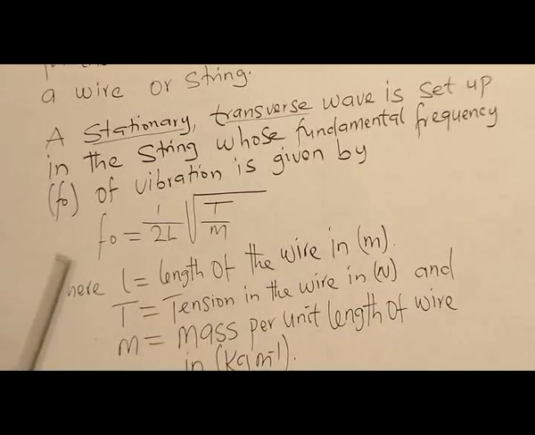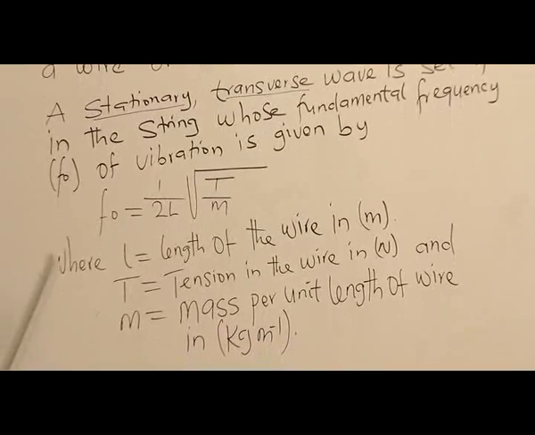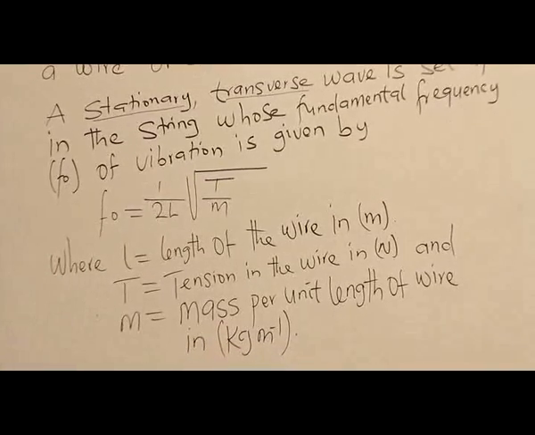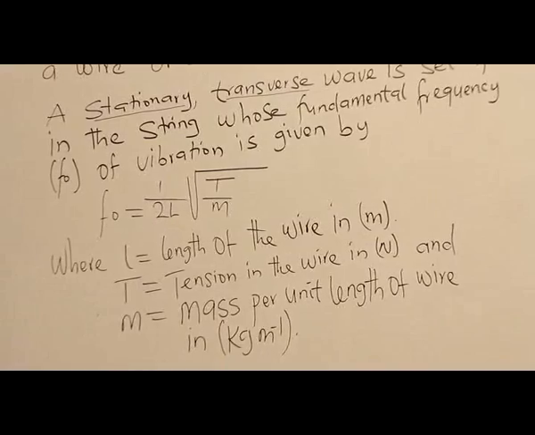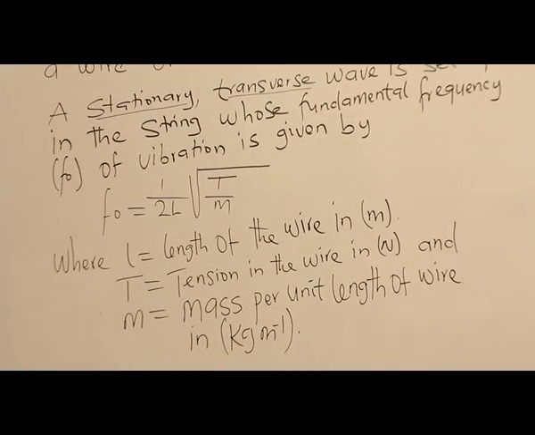F0 is equal to 1 over 2L root T over M, where L is the length of the wire in meters, T is the tension in the wire in newtons, and M is mass per unit length of wire in kilograms per meter.